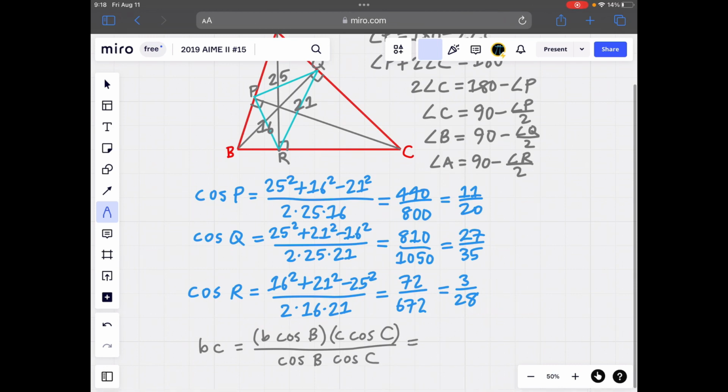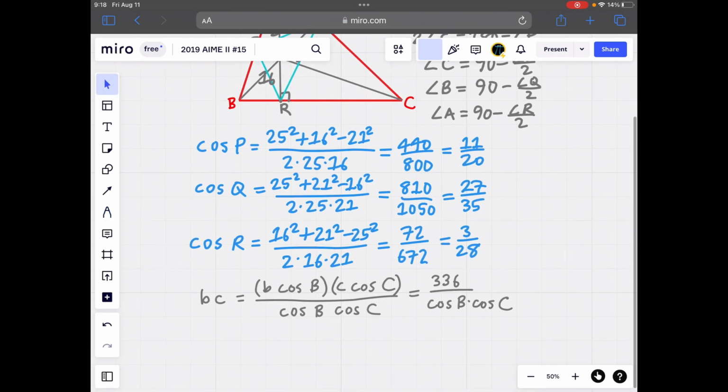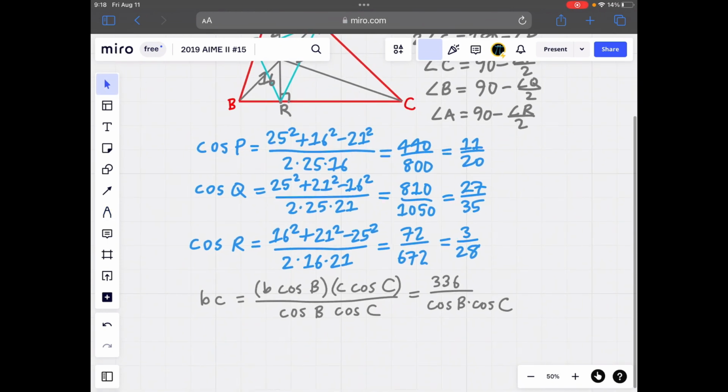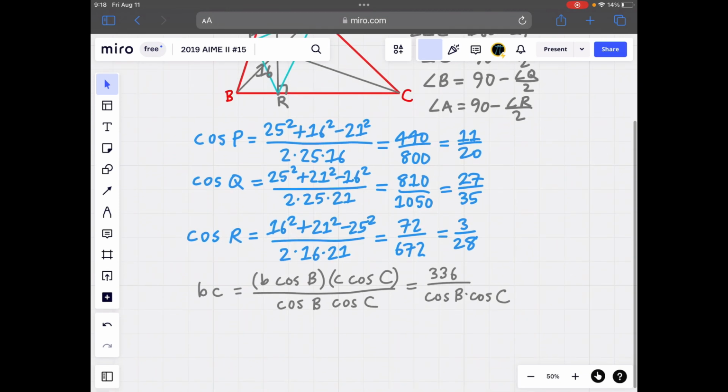And we know B cosine B and C cosine C, they're 16 and 21 respectively. So 16 times 21 is 336 over cosine B times cosine C. So if we can get the cosines of angles B and C, then we're pretty much done. And we know that angle B is just 90 minus angle Q over 2, and angle C is 90 minus P over 2.